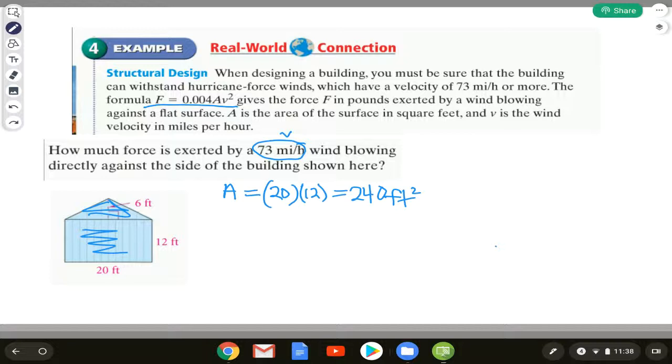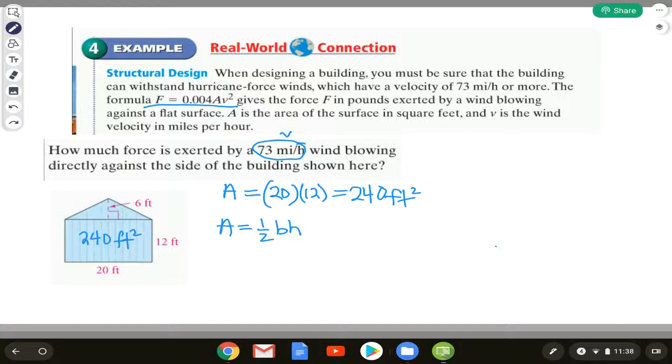All right, that's the rectangular part. Okay, so this is 240. Now the area of the triangle will be 1/2 times the base times the height. In this case, the height is the 6 feet that is drawn in there.